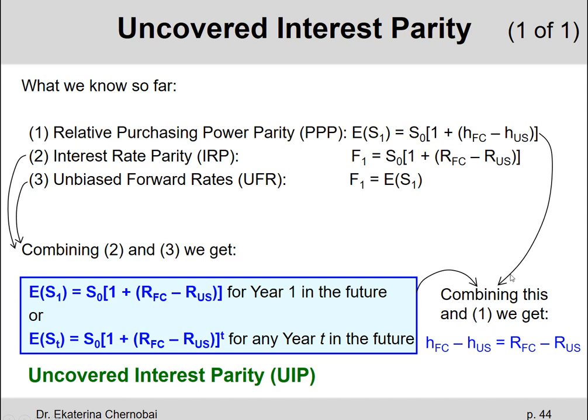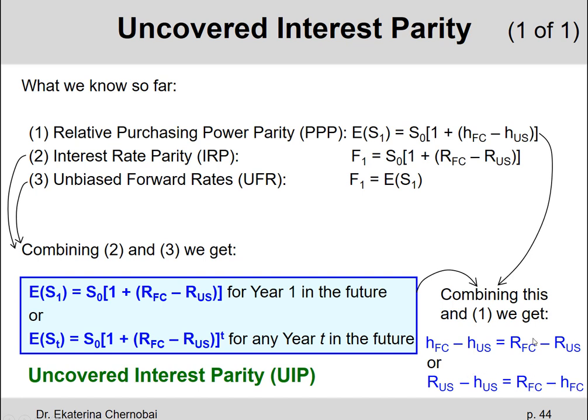So combining these two formulas, we have the difference in inflation rates, H_FC minus H_US, equals the difference in the risk-free rates, R_FC minus R_US. This last result can also be rearranged to put everything for the US on one side and everything for the foreign country on the other side.